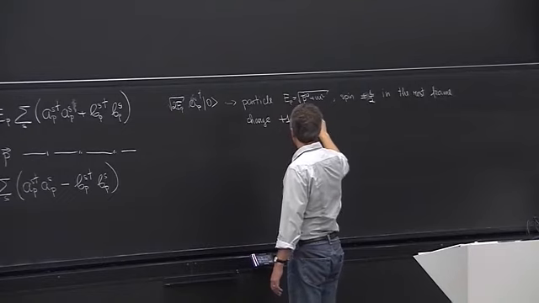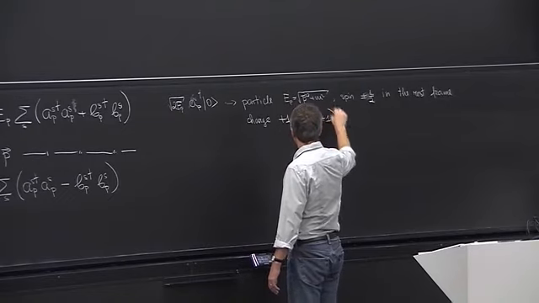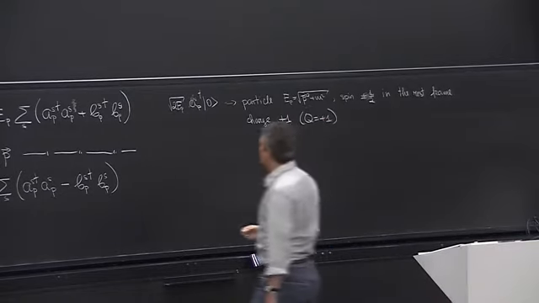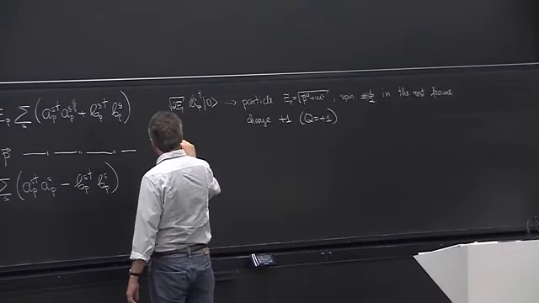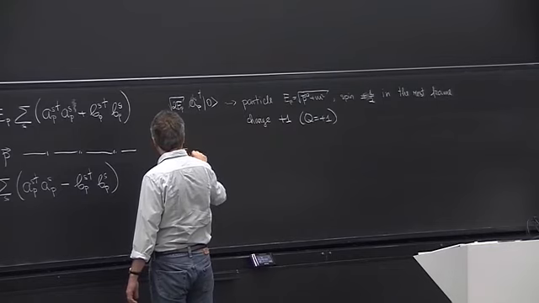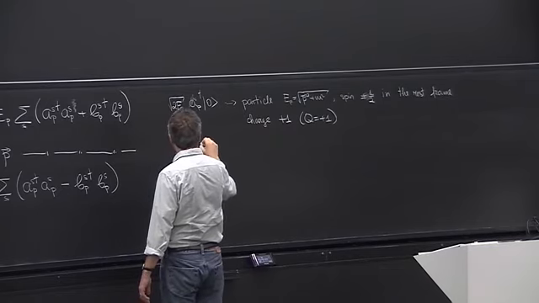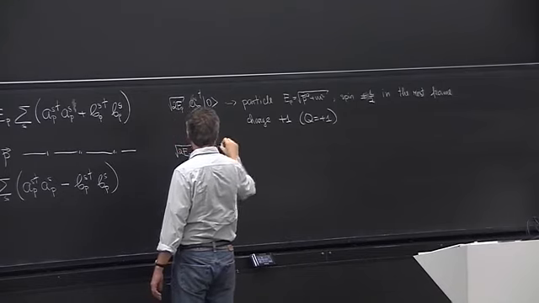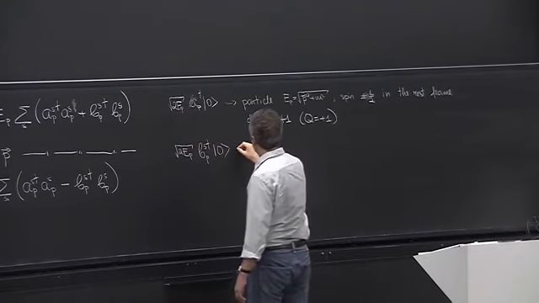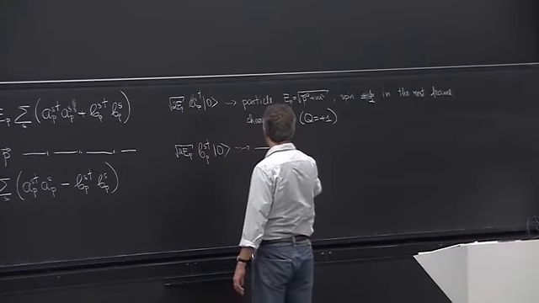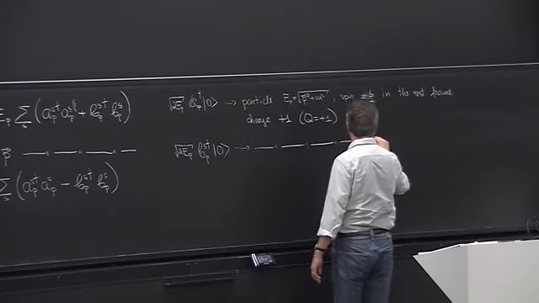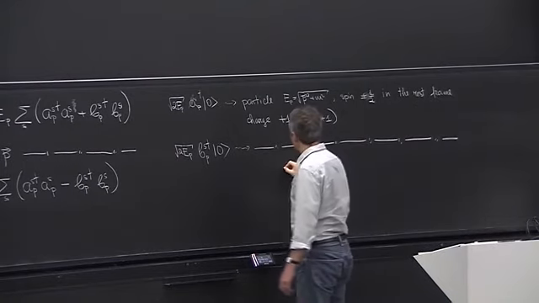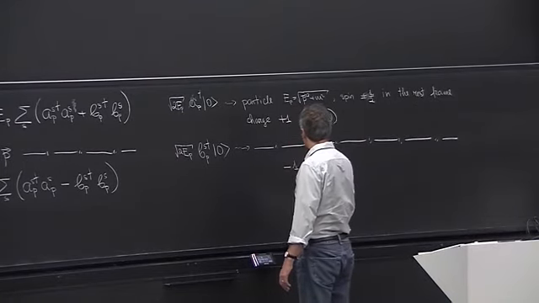Or actually, Q is equal to +1. So the particle obtained with the B operator has all the same stuff, except that it has charge -1. So Q is equal to -1.